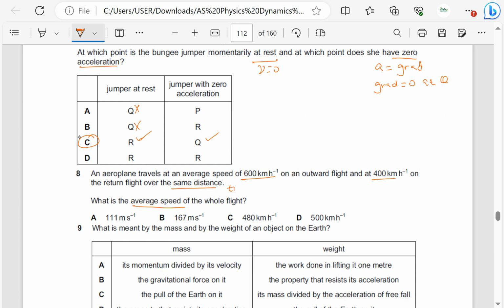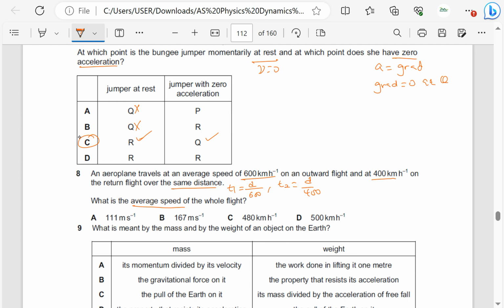Time t1 is going to be equal to the distance d over the speed, which is 600. And time t2, when it is returning, is the same distance d over the speed, which is 400 kilometers per hour.